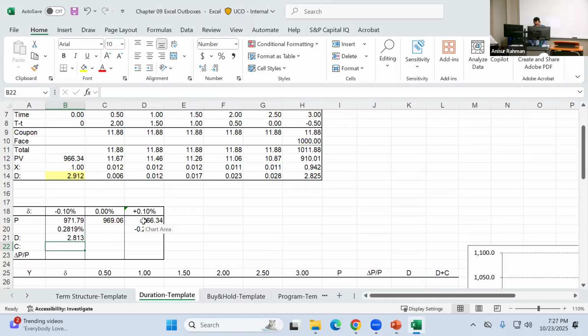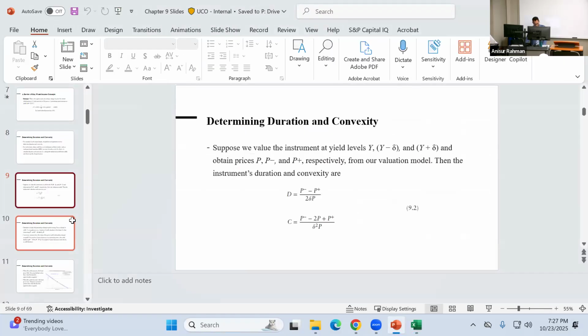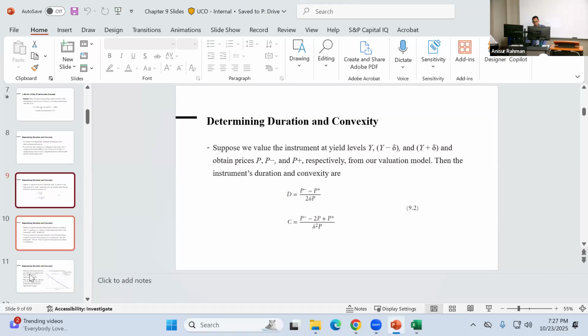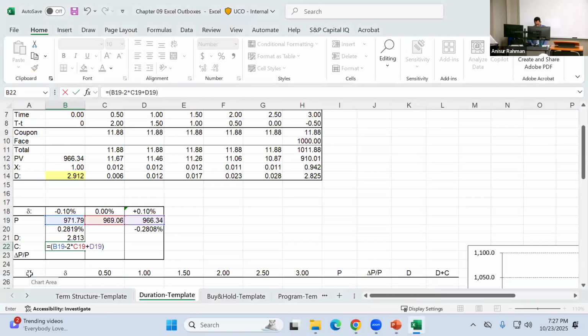So now convexity is this, right? So equal open parenthesis P minus 2 times P plus P plus, close parenthesis, divided by open parenthesis delta squared.